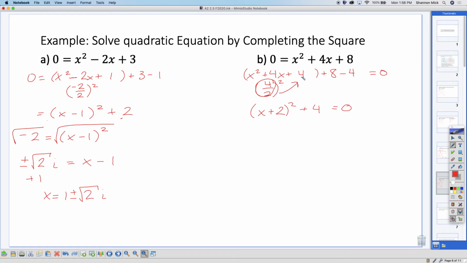Okay, so now subtract 4, and you're going to get a non-real solution again, correct? I hope so. Square root. So x plus 2 equals plus or minus 2. Backwards. Okay, square root of 4 is 2. Oh crap, why did I put 2 squared? I don't know.